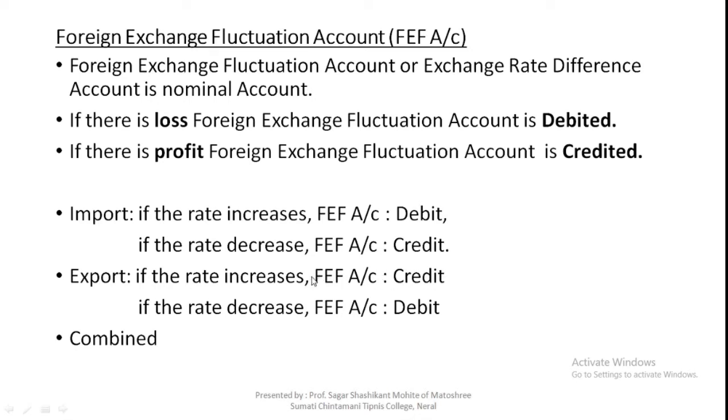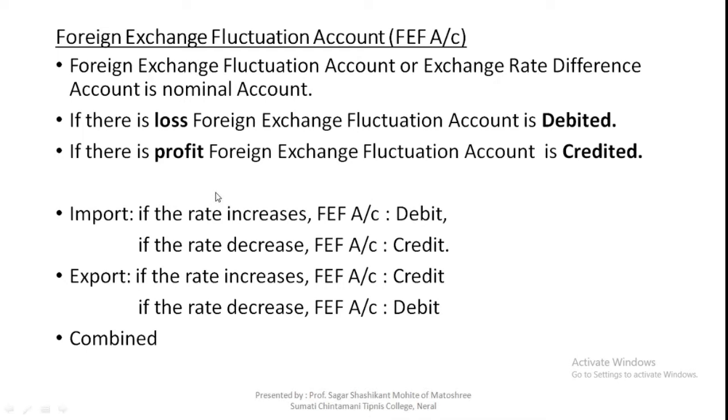Therefore we credit the FEF account. If the rate is increased, we credit the FEF account, and if the rate is decreased, we debit the FEF account. Okay, this is the simple trick, or the simple formula, you can use for passing the journal entries.